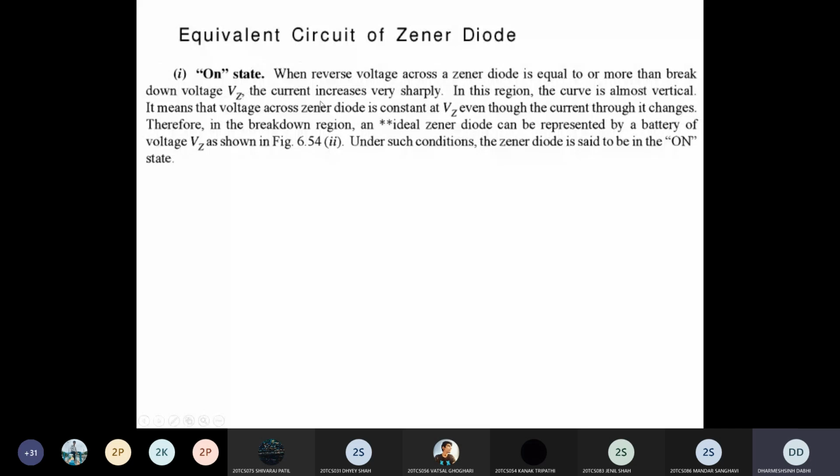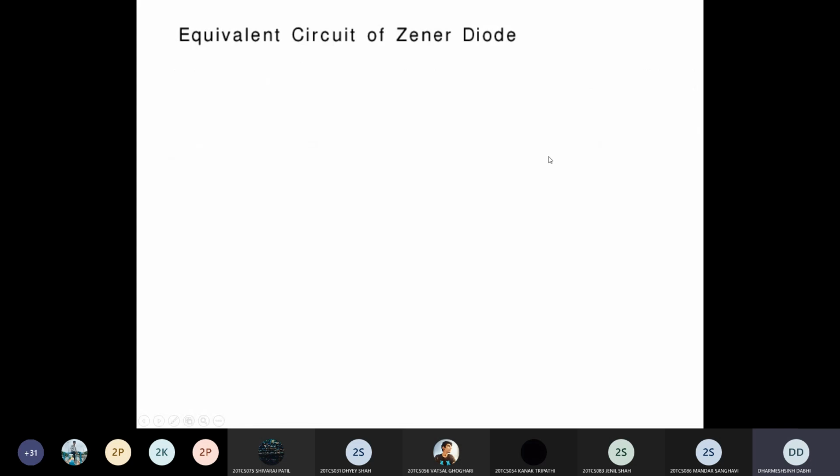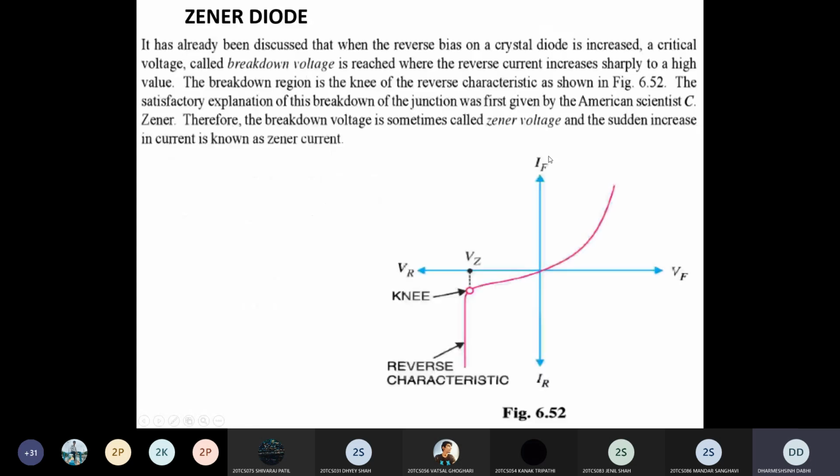The current will increase very sharply, as we see in the characteristic. In this region, the curve is almost vertical. It means that the voltage across the Zener diode is constant at Vz, even though the current through it changes. As you see in the characteristic again, at this Zener voltage point, the current increases very sharply.